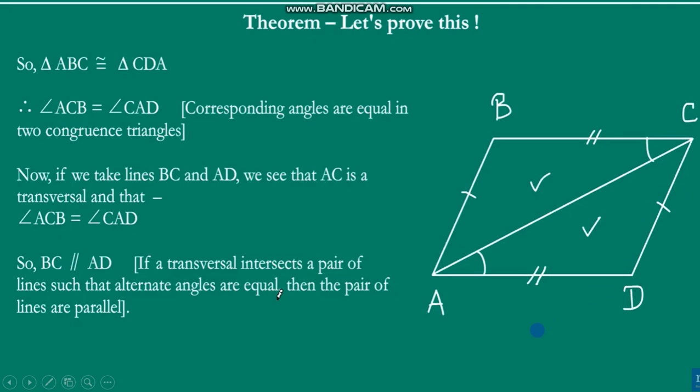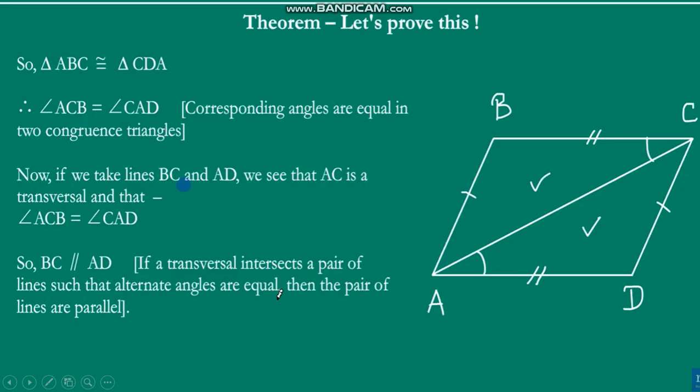What does the parallelogram statement say? If one pair of opposite sides are equal and parallel in a quadrilateral, then we call it a parallelogram. So now we take angle ACB equal to angle CAD because corresponding angles are equal in two congruent triangles. This angle and this angle, alternate interior angles, are equal.